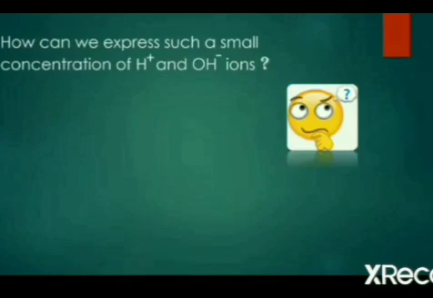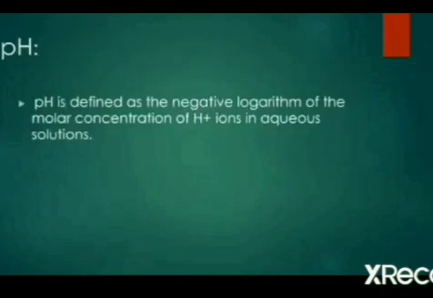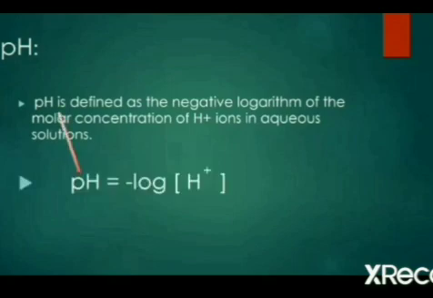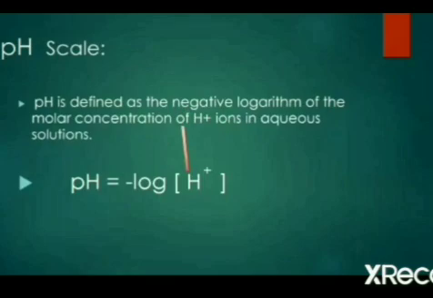How can we express such a small concentration of H plus and OH minus? By pH. P means power, H means hydrogen. So pH is defined as the negative logarithm of the molar concentration of H plus ions in aqueous solution.